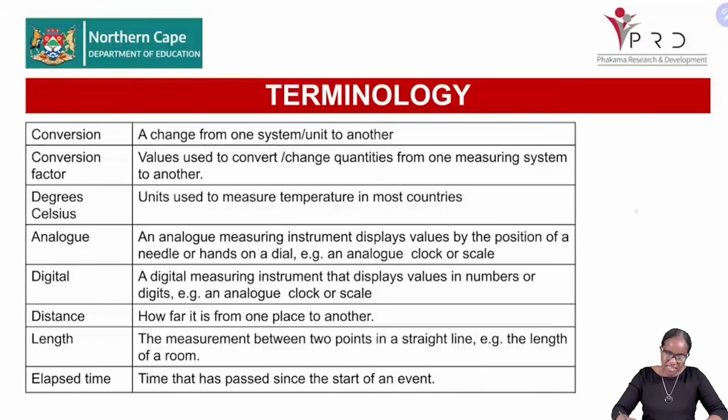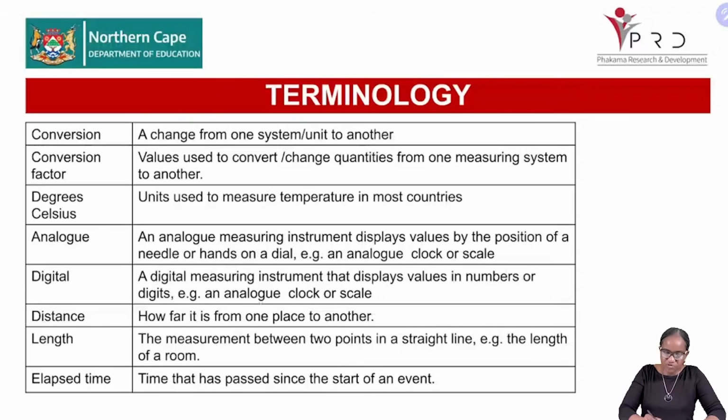Distance means how far it is from one place to another. You are measuring the distance between 2 points. Length is the measurement between 2 points in a straight line. So that's the difference between distance and length.